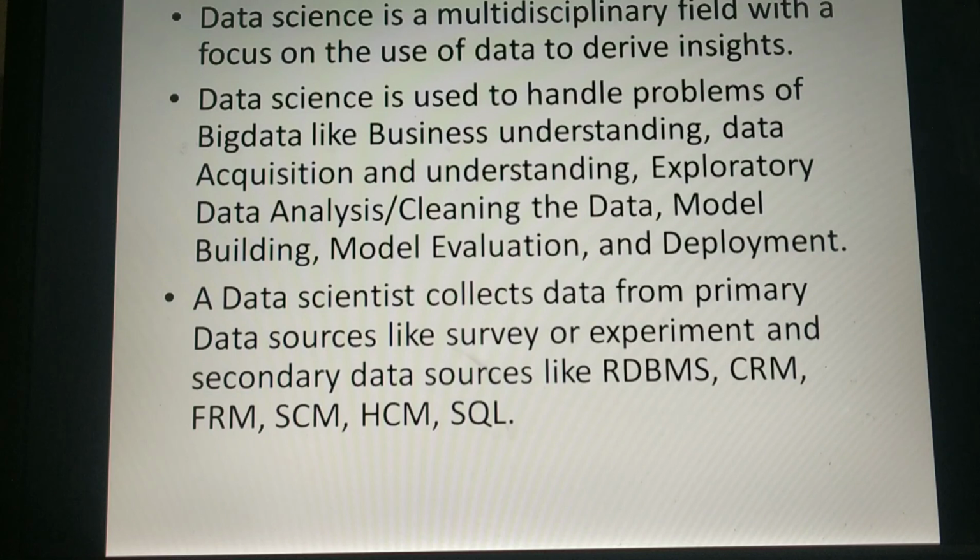So they conduct surveys, take the raw data, or do certain experiments. Based on the experiments they collect different types of data.